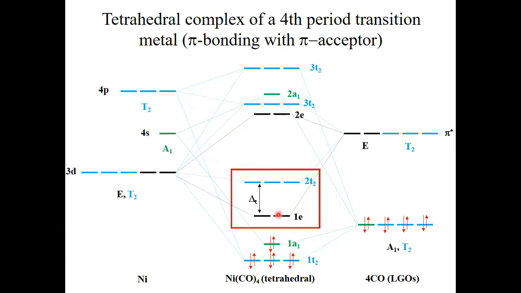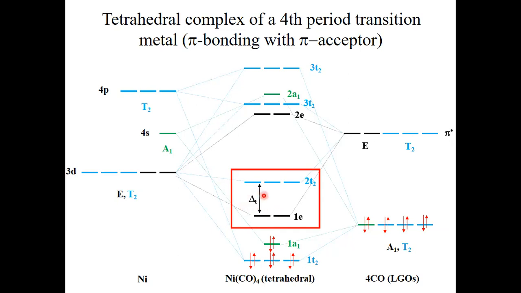That means that in contrast to the octahedral case, where we got a strong increase of delta O through the pi interactions, pi acceptor interactions to be precise, this is not the case for the tetrahedral complex.